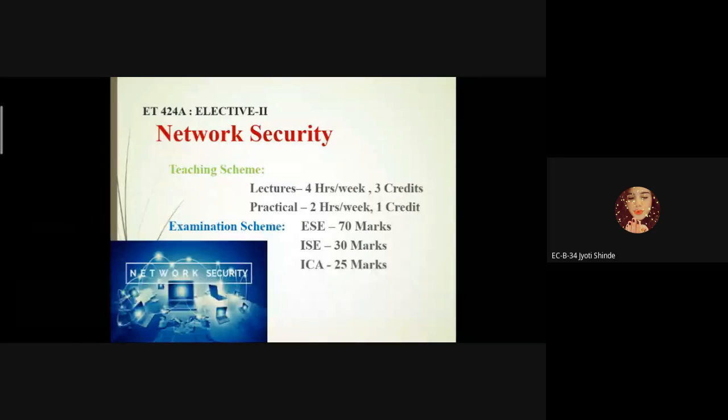Based on the practicals, there are 25 marks of ICA. It consists of 8 experiments related to network security. We have end semester exams of 70 marks, and ISE of 30 marks. Okay, so that is the teaching scheme of network security.